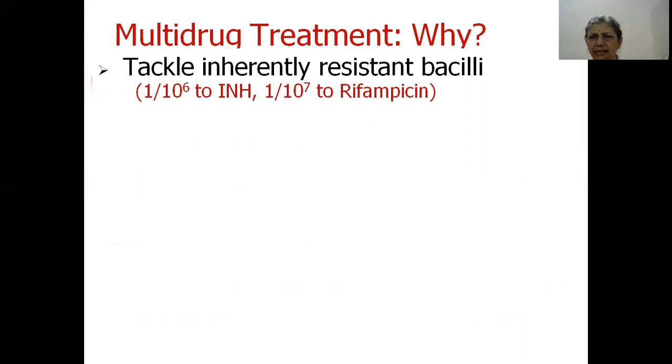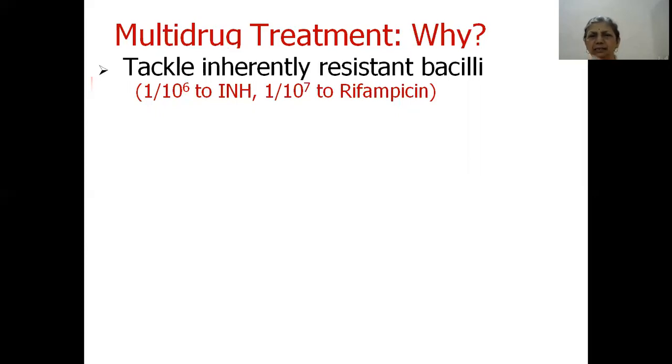To tackle these inherently resistant bacilli. For example, 1 in 10 lakh microbes could be resistant to INH. 1 in 100 lakh would be resistant to rifampicin inherently. So if you use only INH, the sensitive ones get killed, and this minority, this rare resistant bacterium, will replicate and the entire population will be resistant.